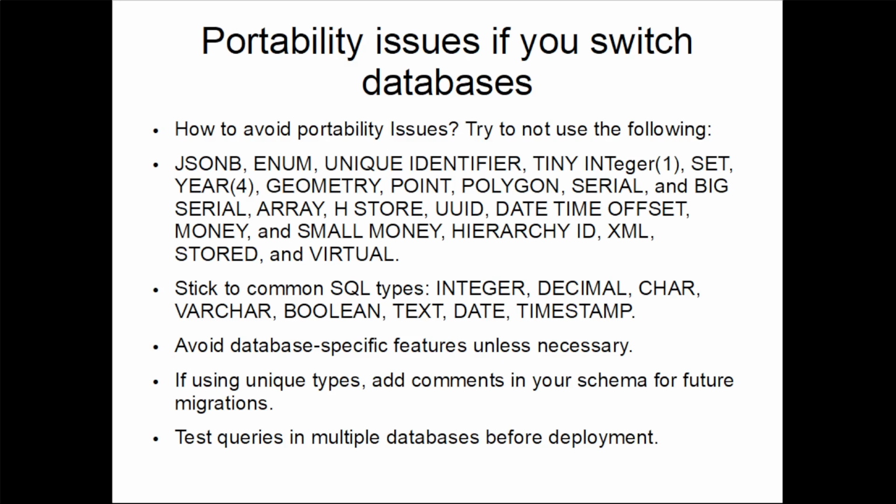JSON, enum, unique identifier, tinyint(1), set, year(4), geometry, point, polygon, serial, and bigserial, array, hstore, UUID, datetimeoffset, money, and smallmoney, hierarchyid, XML, stored, and virtual.